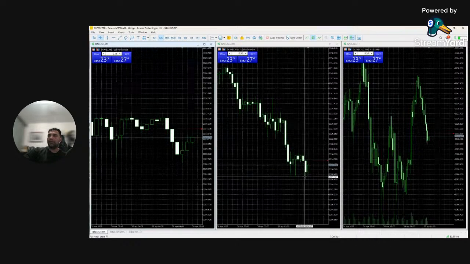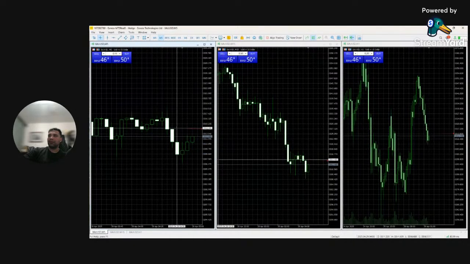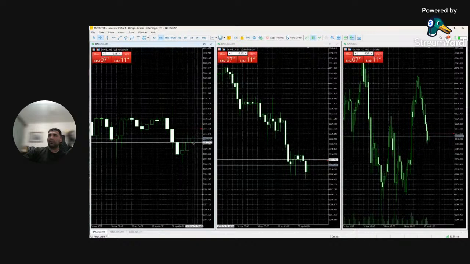The 15-minute candle right here which you are looking at opened around here, closed around here. Then a new candle opened around here. This is one 5-minute, then another 5-minute, and let's see how the last 5-minute develops, because although it is pushing a little bit right now, it's still not healthy.